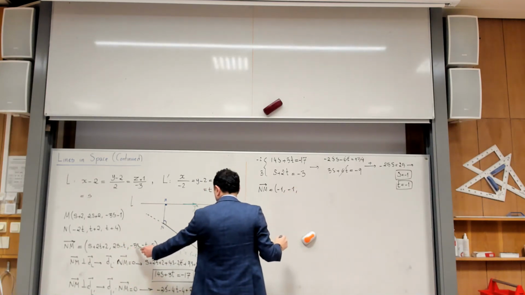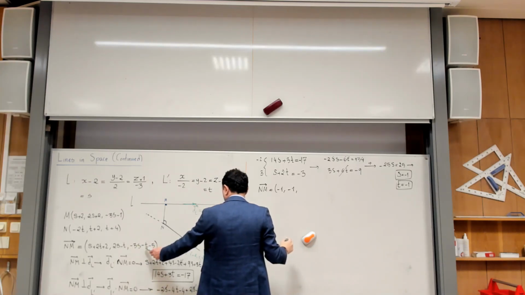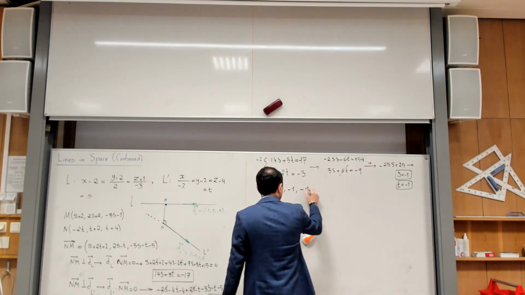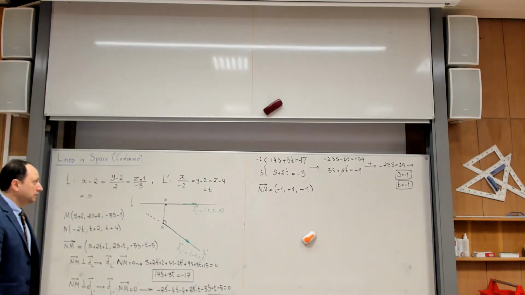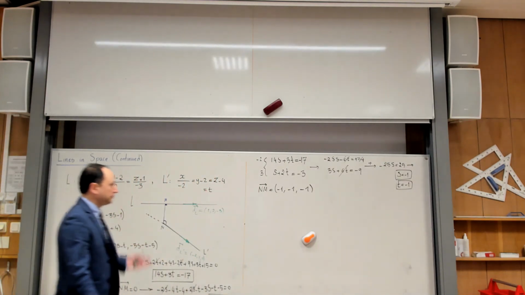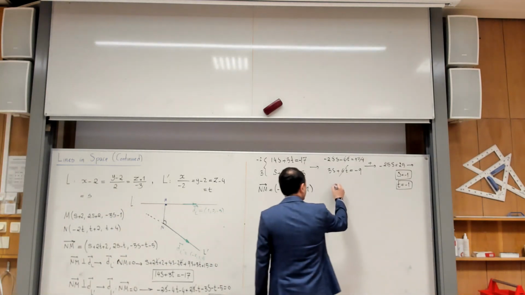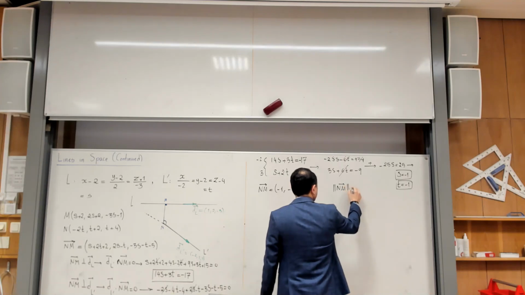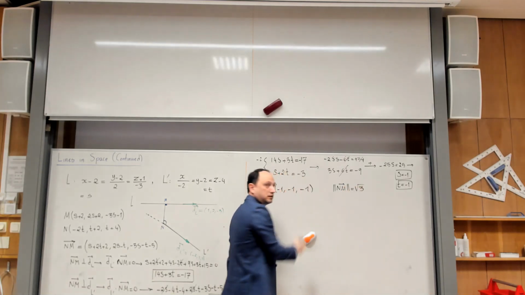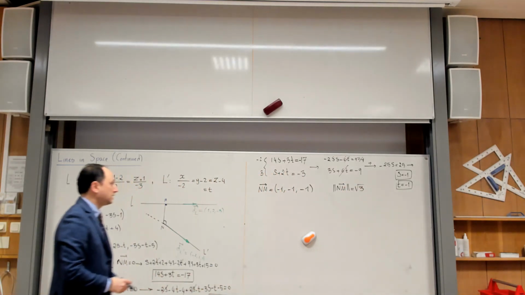And I put it here, plus 3 plus 1 minus 5 is minus 1. This is my vector nm. First of all, as a byproduct, you can calculate the length, which is the square root of 3 again. So we actually can find that answer here.